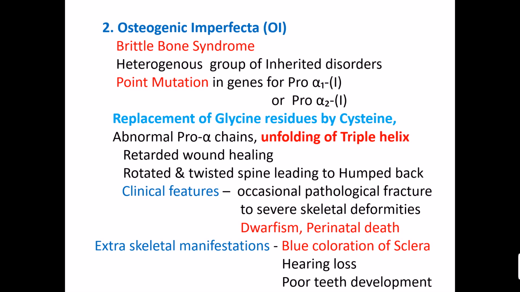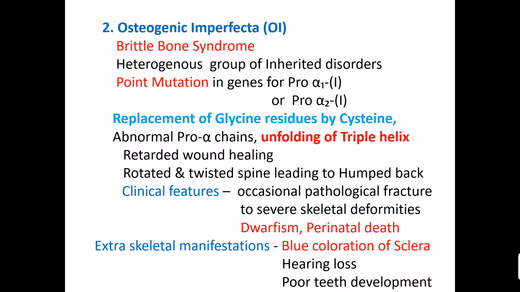And that shows in retarded wound healing, rotated and twisted spine, that leads to the humped back, that is kyphosis. Clinical features: occasional pathological fractures to severe skeletal deformities. Sometimes it is seen that during pregnancy the fetal long bones are fractured.